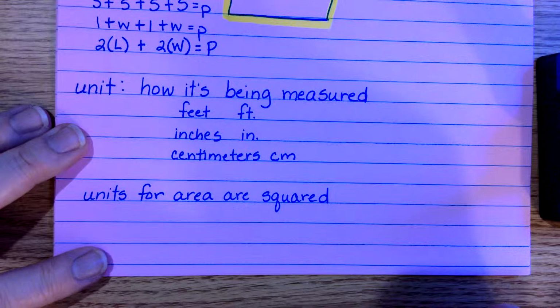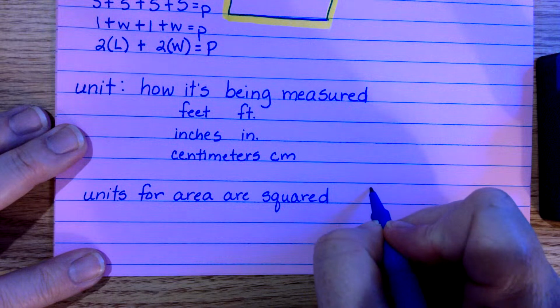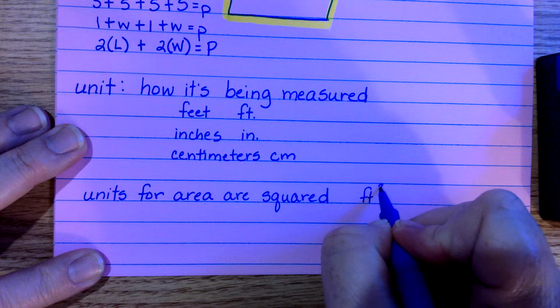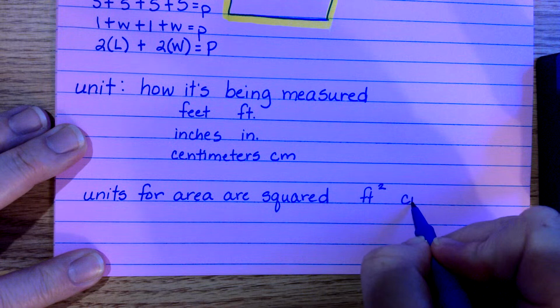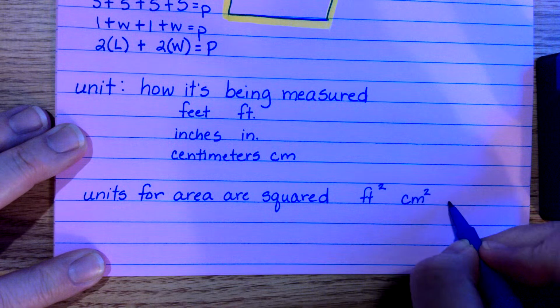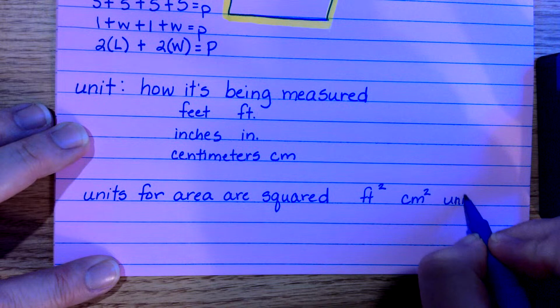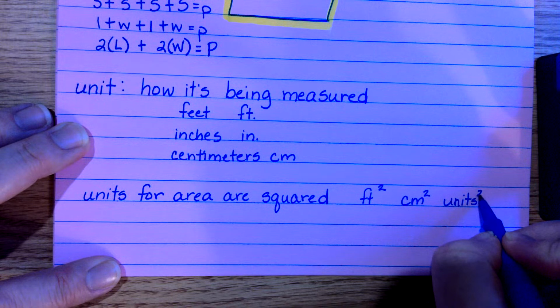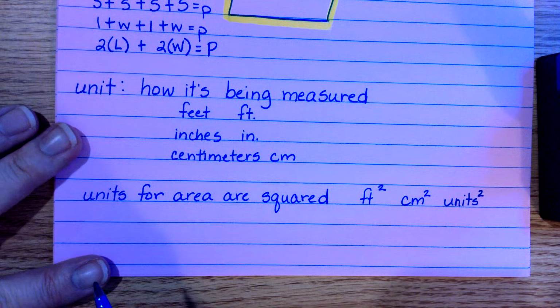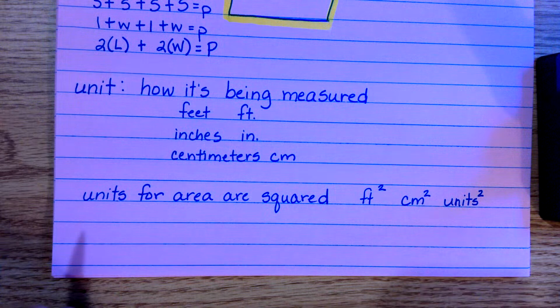Because it's multiplication, it's not addition, you would have feet squared or centimeters squared. Or even if you don't know the unit and you just call it units, it would be units squared. Okay? This 2 represents a square unit.